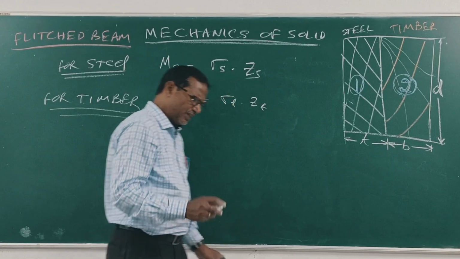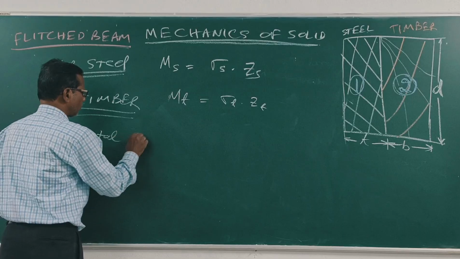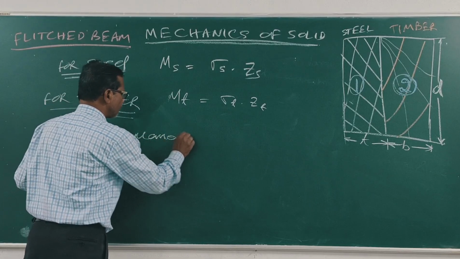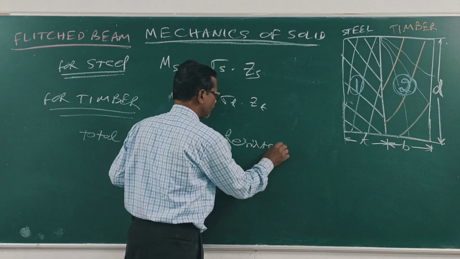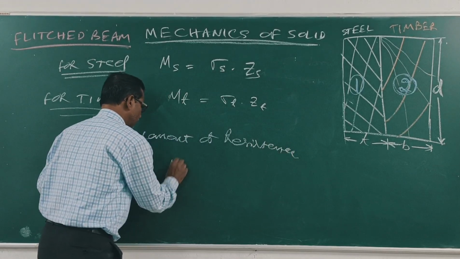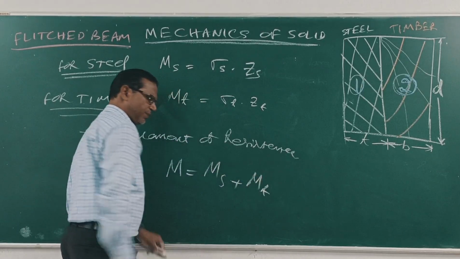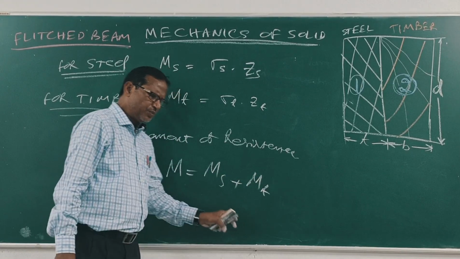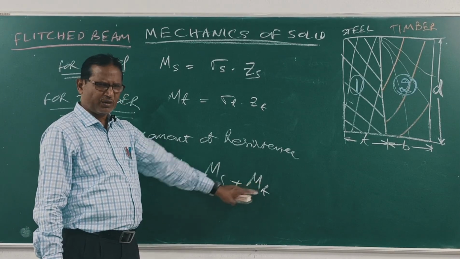That is, total moment of resistance M is equal to Ms plus Mt, the sum of the moment of resistance for steel and for timber.